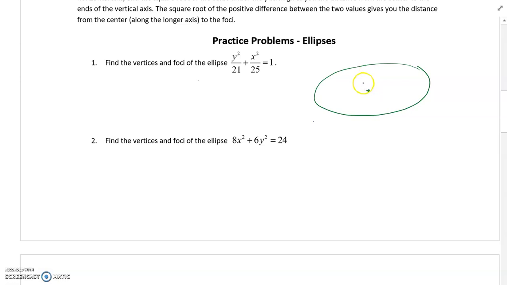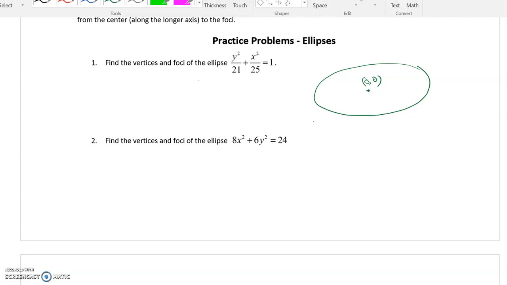And if we take the square roots, the square root of the number under the x's is 5. So we go out horizontally 5 units in either direction, which puts the vertices at plus or minus 5, 0.